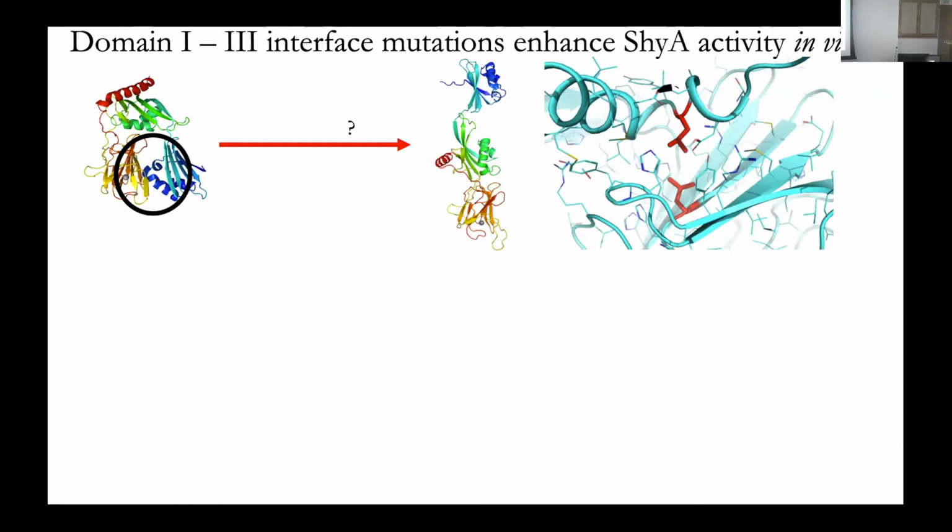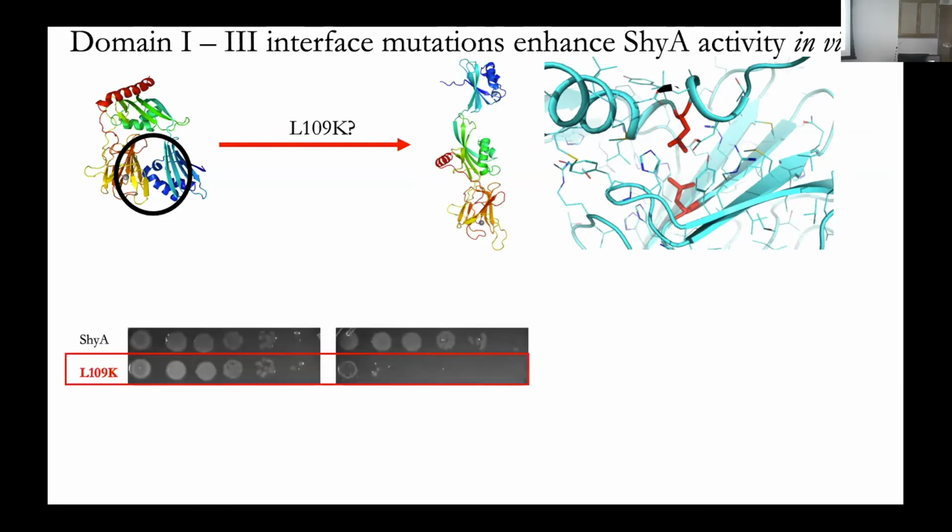And one particular one that's my favorite is these two leucines that engage in some sort of a hydrophobic interaction. And they're embedded in a sea of acidic and basic residues respectively, depending on the two domains. So we thought if we mutate one of them to something charged, maybe we get higher toxicity, for example, to a lysine. And we did that, and now cells get completely obliterated by this mutant protein.